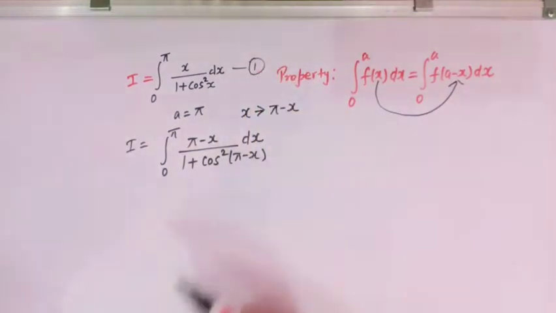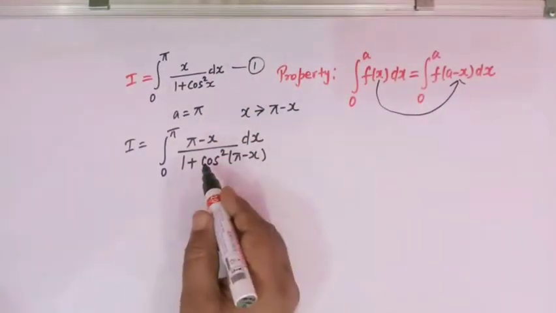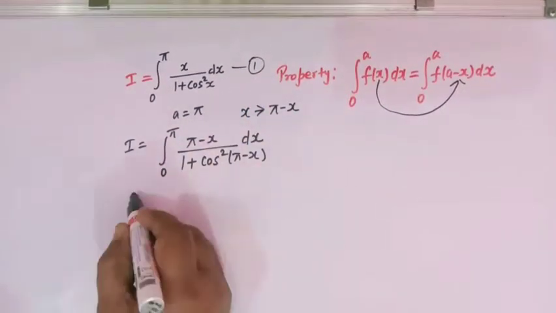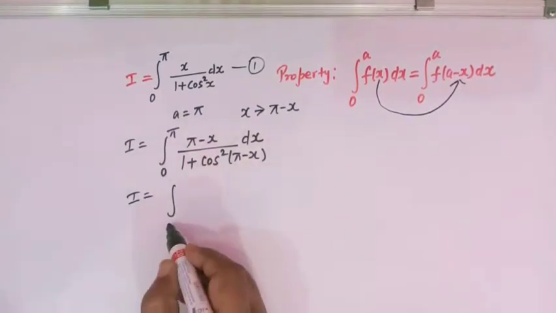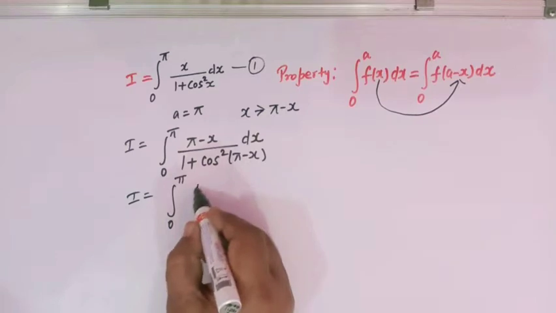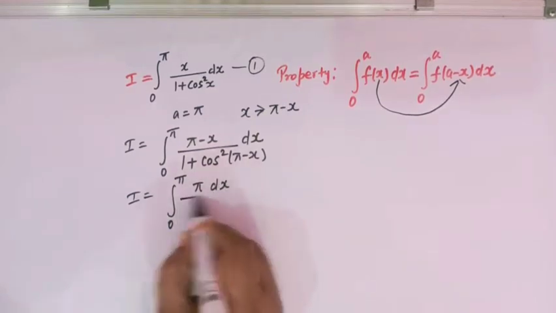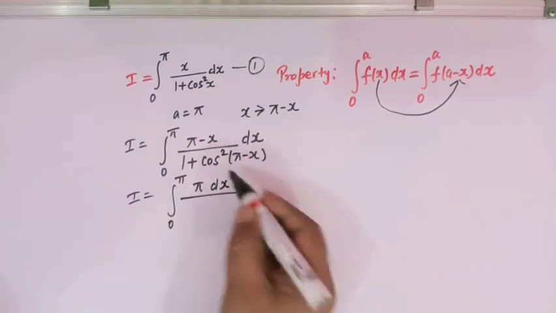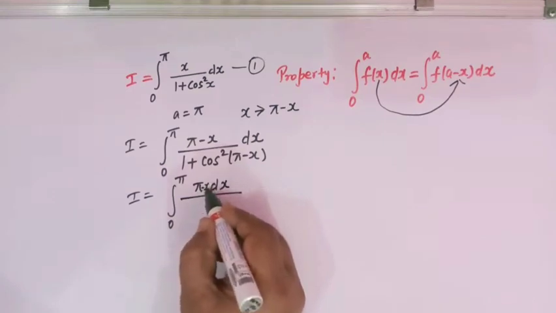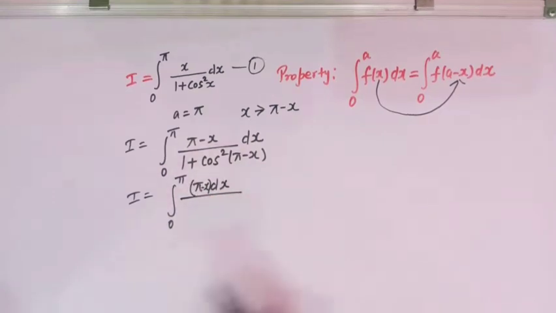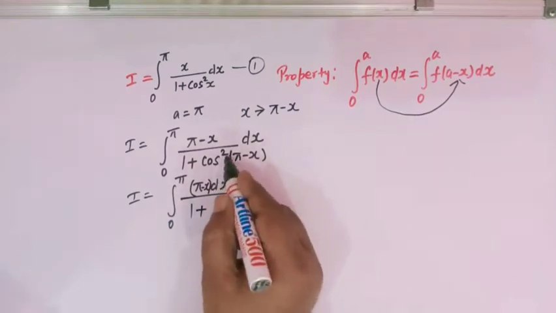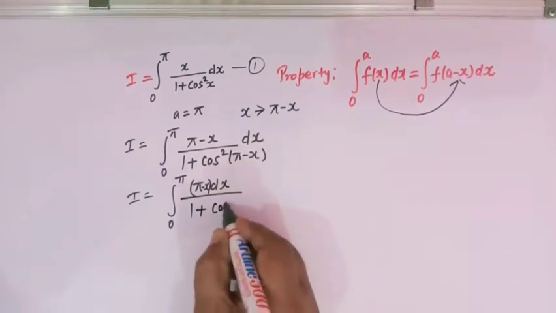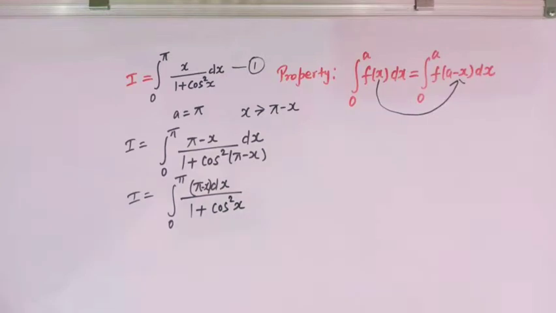So we can take this integral as integral number 1. Now here we can write this integral as 0 to pi, pi minus x dx divided by 1 plus cos square of pi minus x, which is simply cos square x, right?